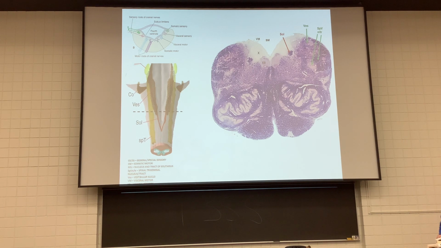So, the spinal tract of 5, where would the cell bodies of origin be? This is something else we need to start thinking about when we talk about these axons. Where did they come from? Any thoughts?